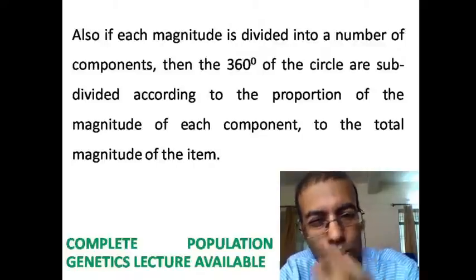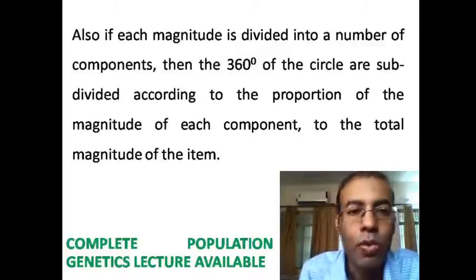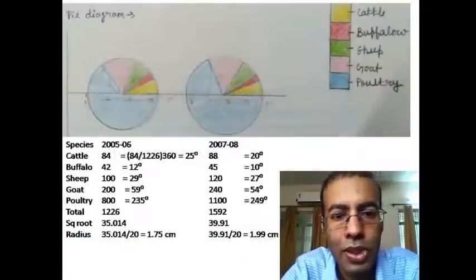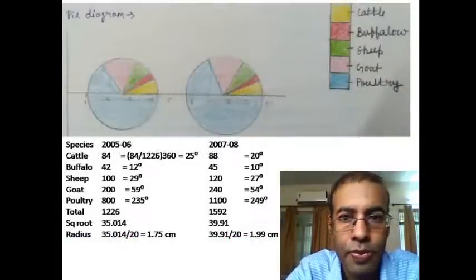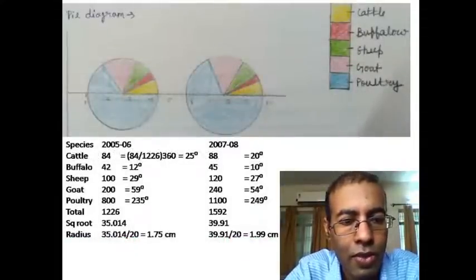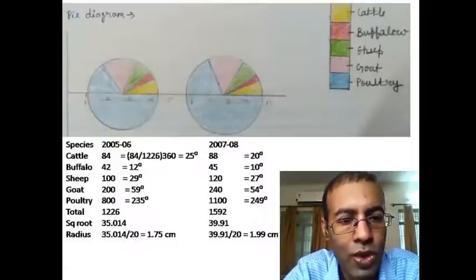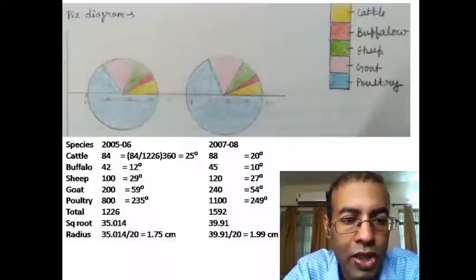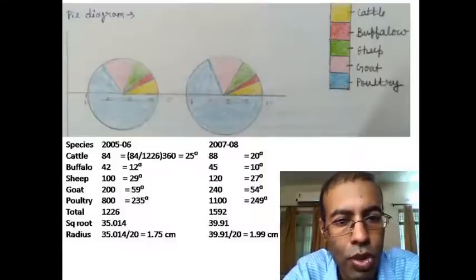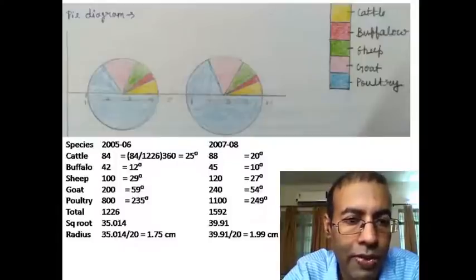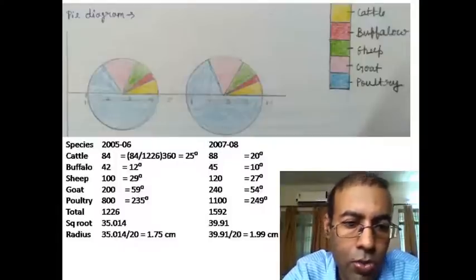I have one question based upon this pie diagram. This is the question: we have species-wise and year-wise population in a herd. In 2005-6 and 2007-8, we have different species: cattle, buffalo, sheep, goat, poultry.